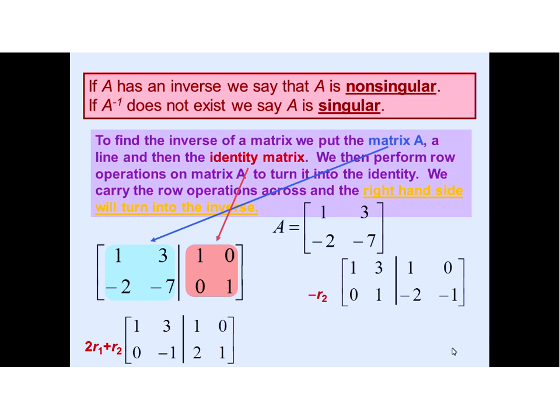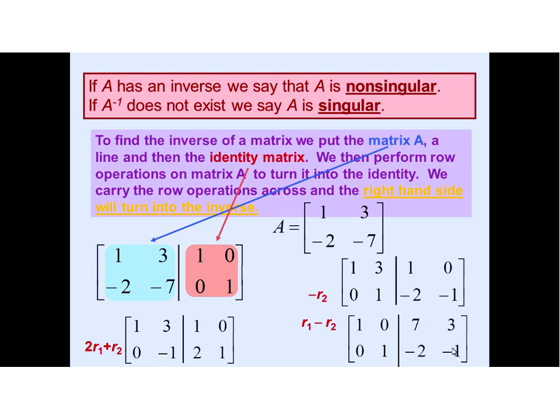The row operation is R1 minus 3 times R2. It's R1 minus 3 times R2; the sign is wrong, it is written wrong in the slide. It is R1 minus 3 times R2.